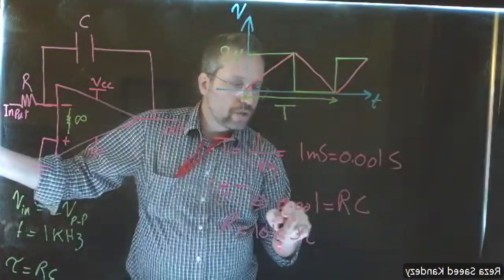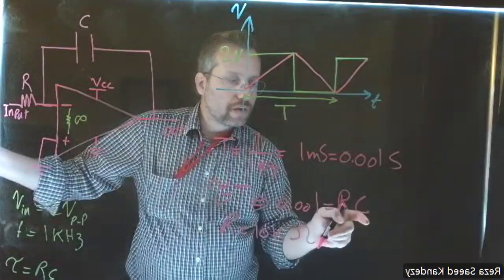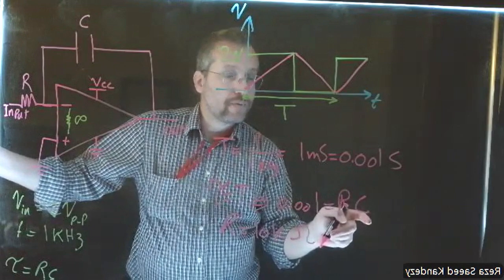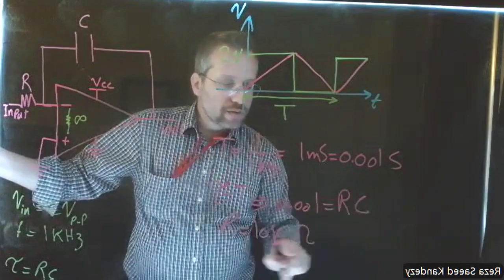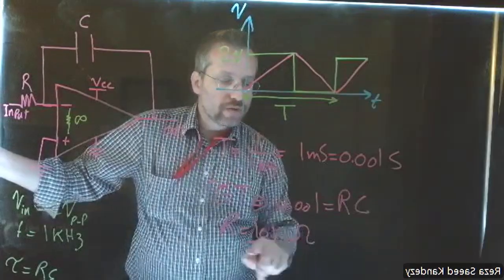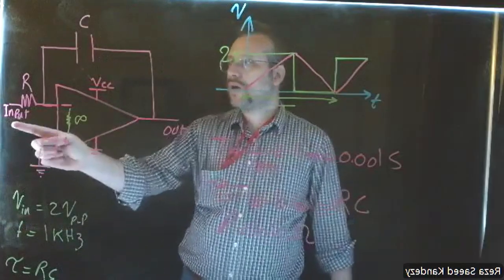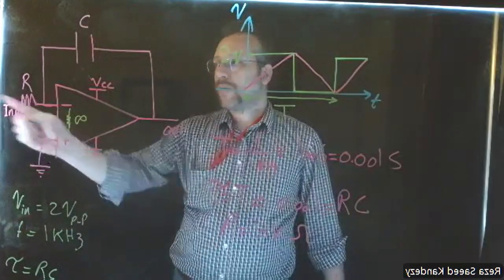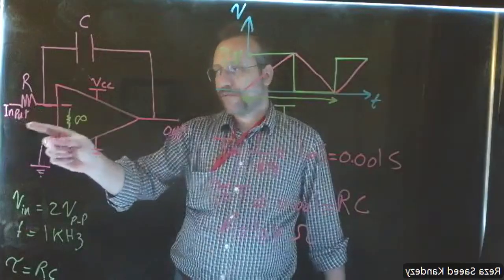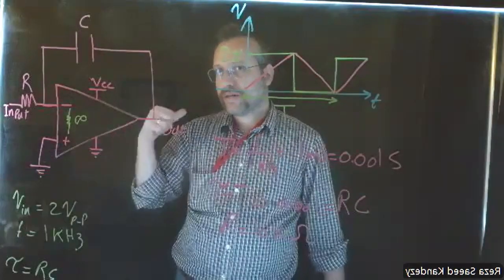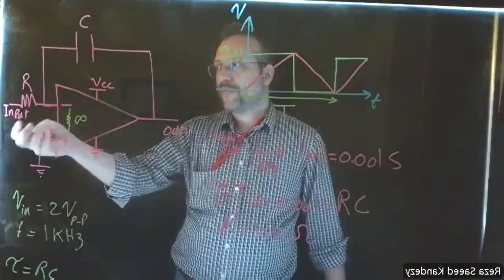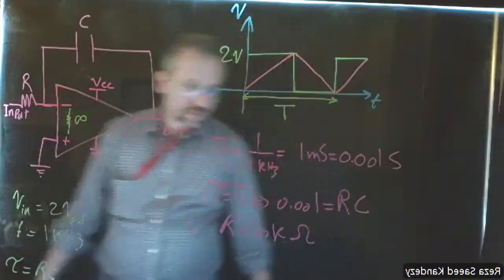Now we are going to use this to calculate what value of capacitor we want. Why did I choose this high number for the resistor? The reason is that I don't want to draw very high current from my source. That would deviate the performance of our source.